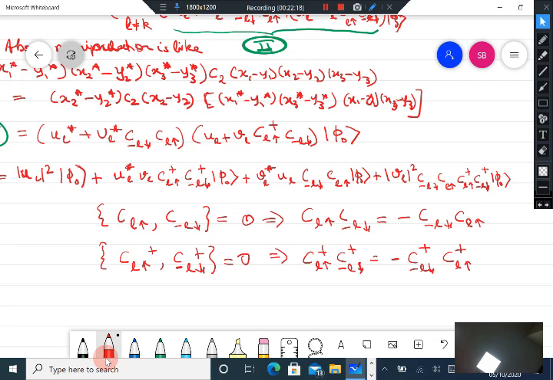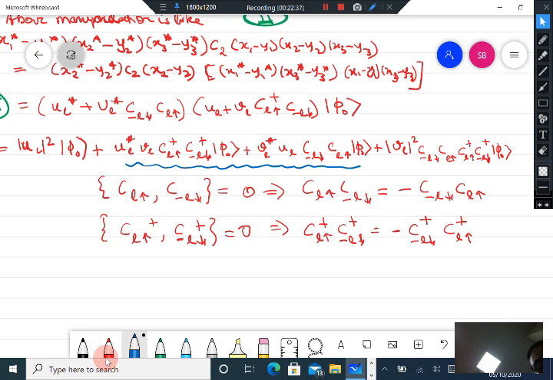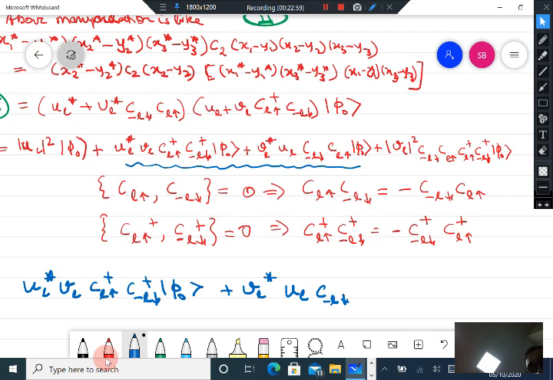Now if you consider these two terms in the above expression first, u_l* v_l c_l↑† c_{-l}↓† φ0 plus v_l* u_l c_{-l}↓ c_{+l}↑ φ0.